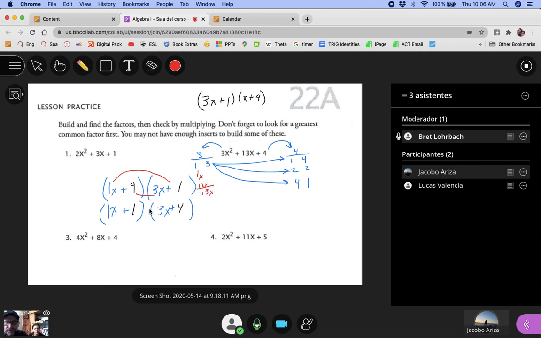Okay. What's the middle term in my second example? 1x times 4 is 4x, and 1 times 3x is 3x. Do we get the same? No. Are these the same? No, the middle term is different. That's the effect of the order of putting 1 and 4 in the correct place.